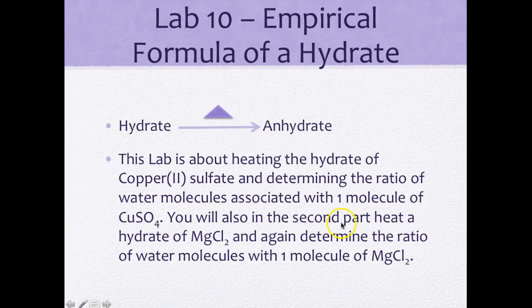In the second part of this lab, you will heat yet another hydrate. This is magnesium chloride, and again you will try to determine the ratio of water molecules to 1 mole of the magnesium chloride.